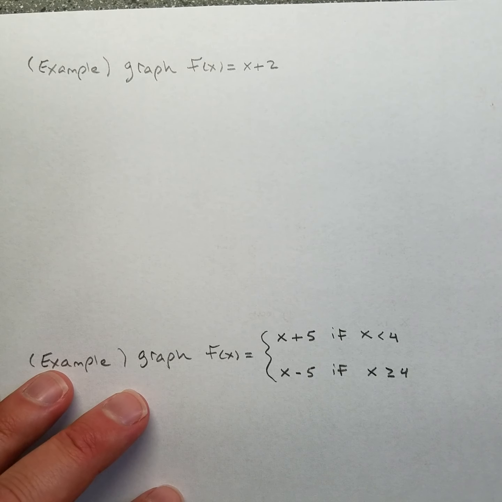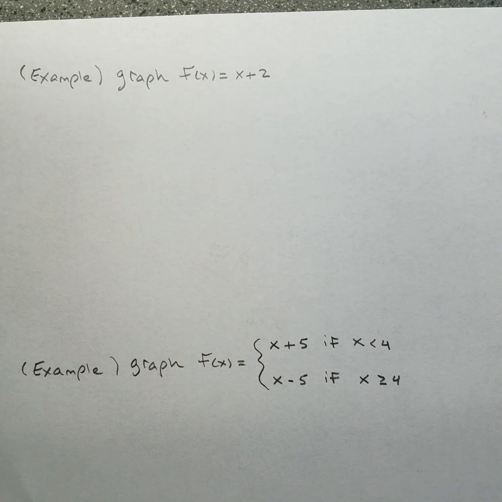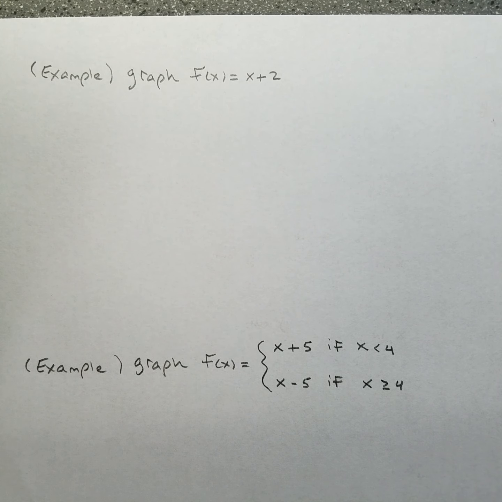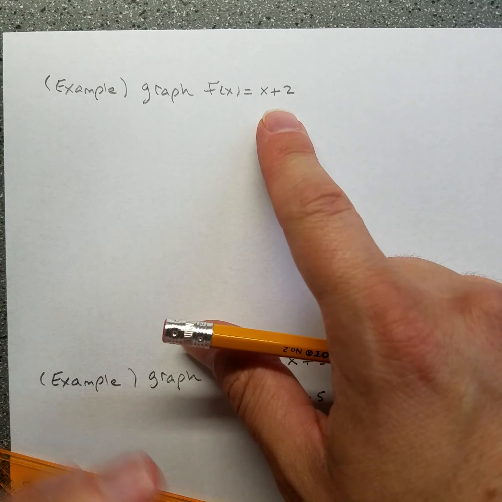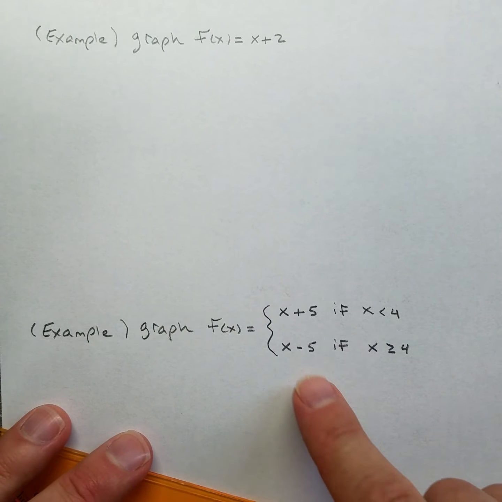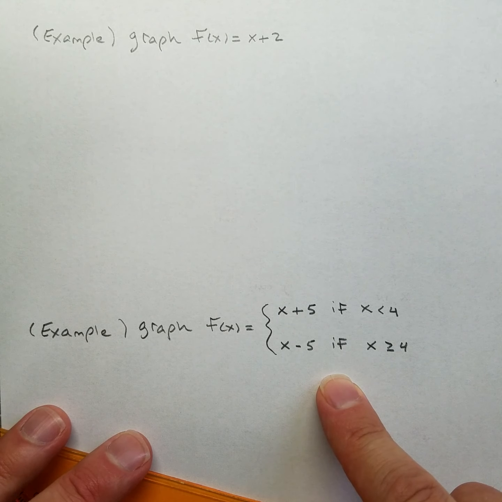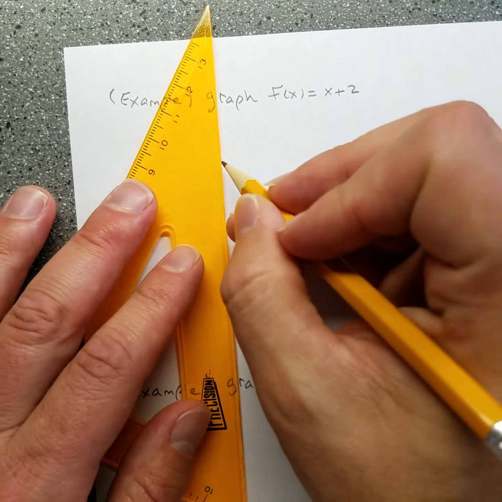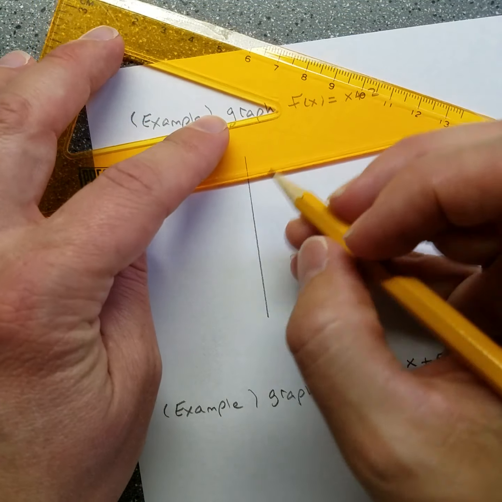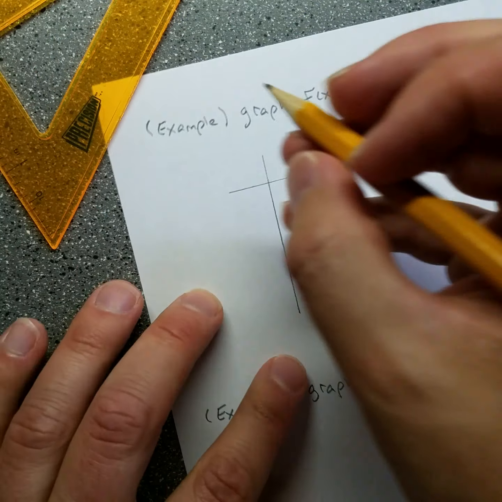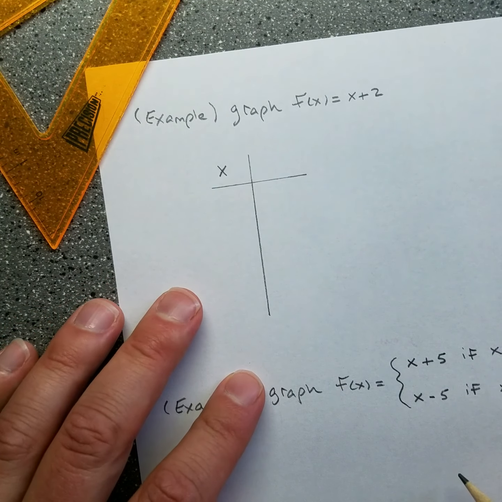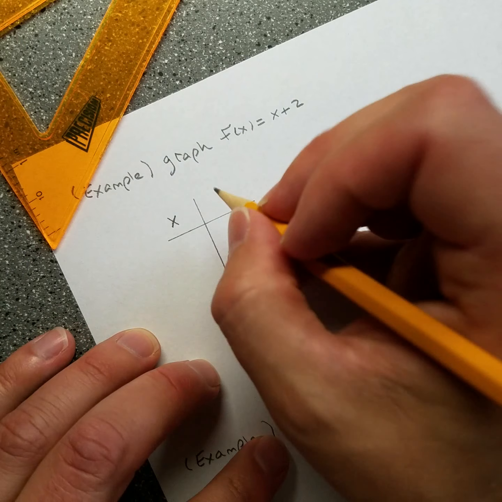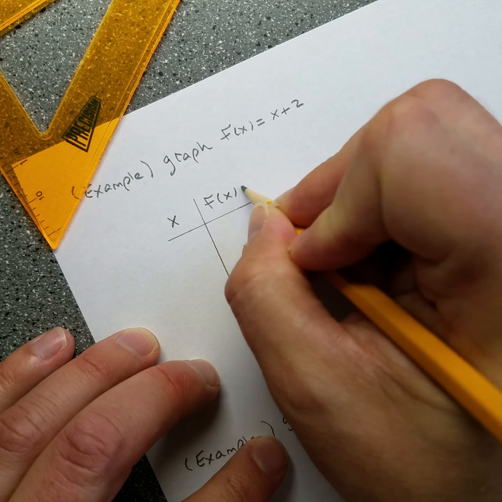Let's do real quick, there's going to be some graphing on the assignments, so I need to address that. Let's see how you graph something real simple, and then we'll graph a piecewise function. If I'm going to draw a graph, the simplest way is to make a table, where I'll choose the x's and calculate the y's.